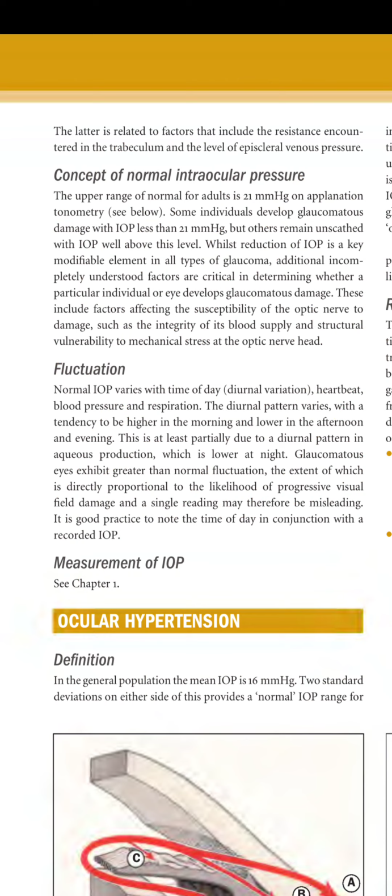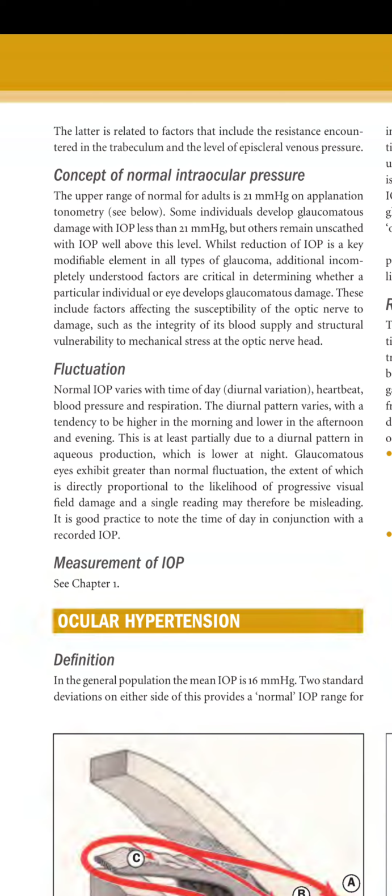So these are all individual differences in how IOP affects different persons. Second, it is usually the key modifiable factor in glaucoma. So basically in a case of glaucoma, when you modify the IOP, most likely the disease gets controlled.